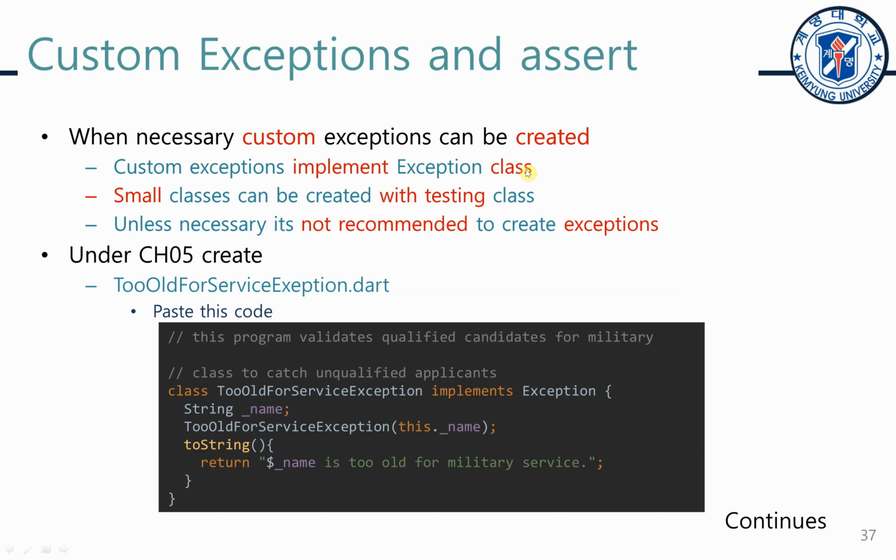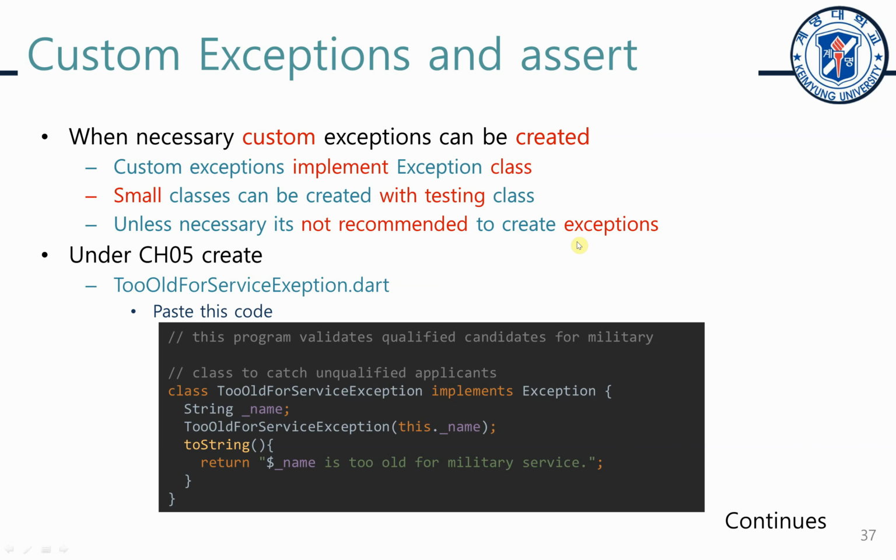If you remember about implementing or inheriting a class, an interface, we can discuss this. You can see that in this line, unless necessary, it is not recommended to create exceptions. Since most of the common exceptions are written by Dart, it is not important for you to create them.